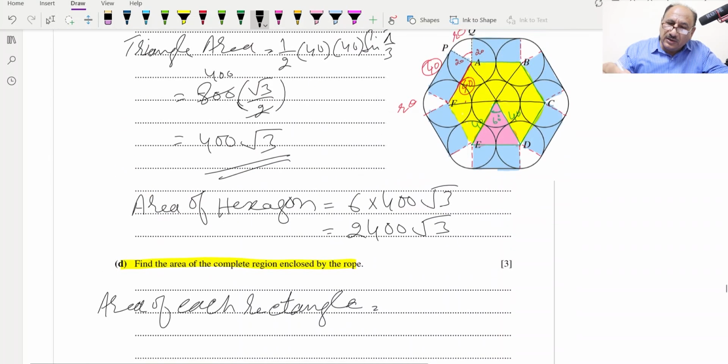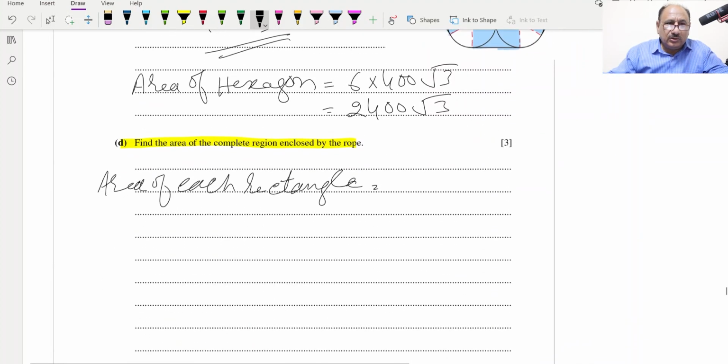This is basically the rectangle, this blue color, this one. Area of this rectangle will be 40 multiplied by 20. So 40 is one lengthier side and 2 times radius, and 20 is radius side. So this will be equal to 40 into 20, which is equal to 800.